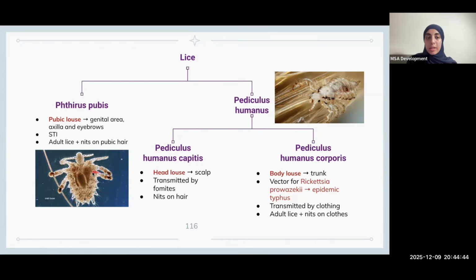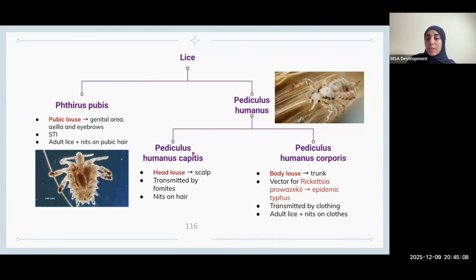It's crab-like, causes the STI in the pubis, okay? I hope this doesn't confuse you, but when you see this picture, this louse is called Phthirus pubis, and it's a pubic louse, causes the STI. This picture, the more elongated one, is Pediculus humanus, and that's the name of the parasite.